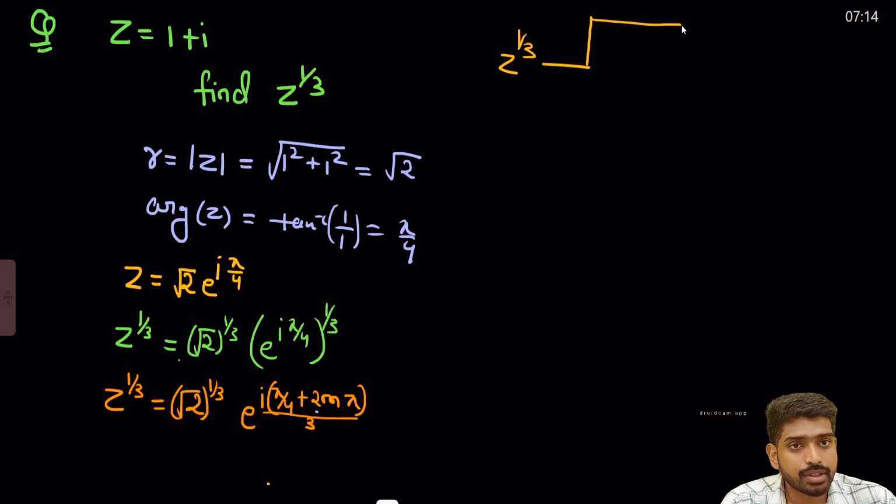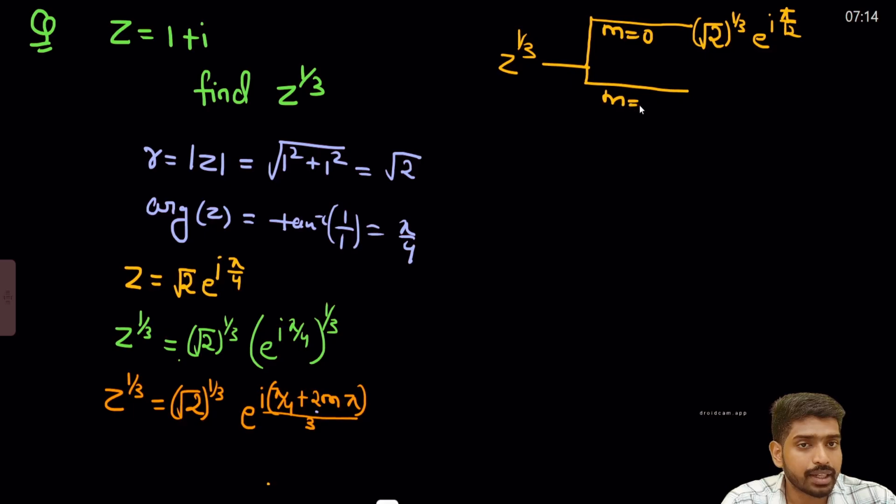So the first solution we'll get by keeping m value as 0. So keep m value as 0 here. So we'll get the first solution as root 2 to the power 1 by 3 e to the power iota pi by 4 divided by 3, which is pi by 12. Next solution we'll get by keeping m value as 1.